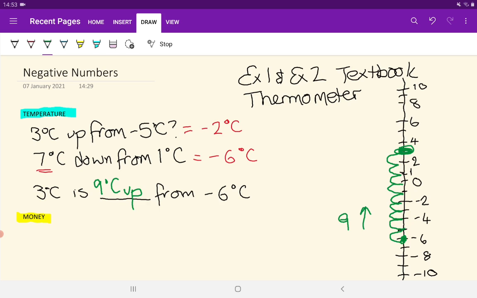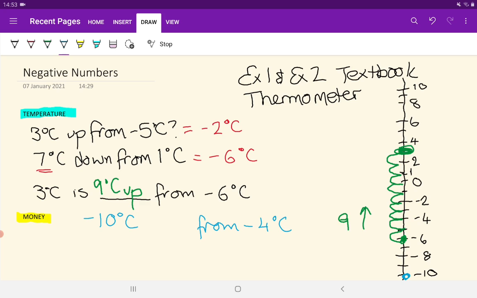Okay, what else? What about if I asked you, and I'm just going to change colour here for this final one to try and make it easier. So, where is -10 degrees Celsius from -4 degrees Celsius? So, -10 is there.